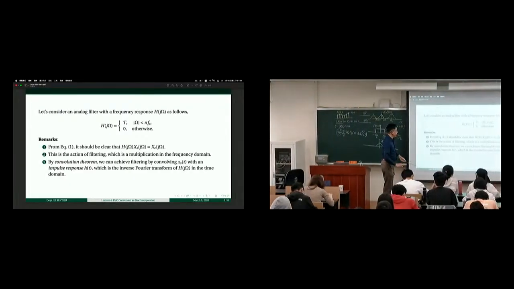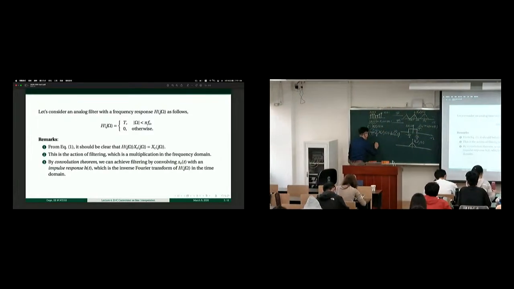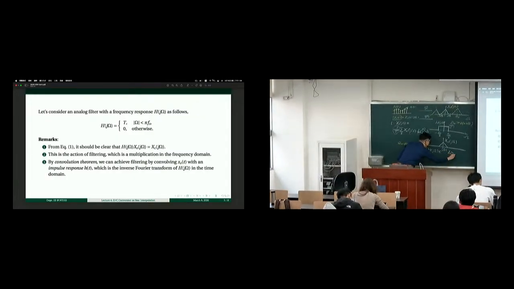We have another terminology coming up. The inverse Fourier transform of this frequency response is called the impulse response of the system. So the question now is, what is the inverse Fourier transform of H?